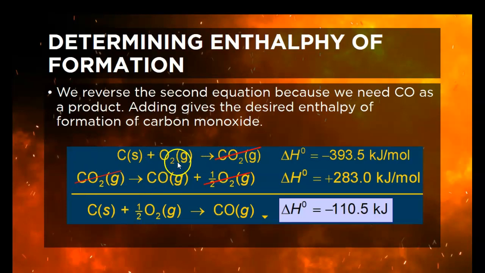There's a full O2 on the left and a half O2 on the right, so 1/2 of this will cancel out with 1/2 of this. We're left with C, a half O2 on the left, and a CO on the right. That's exactly what we want. We add the two values of delta H together, and we get negative 110.5 kilojoules. That would be to make 1 mole of CO from that equation.